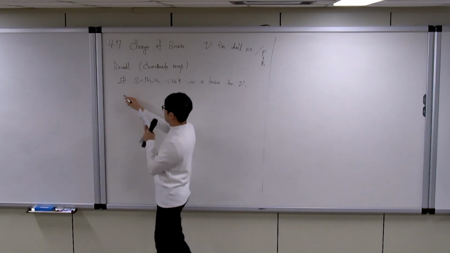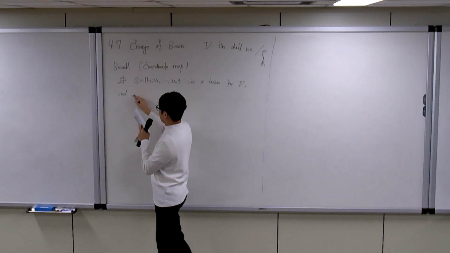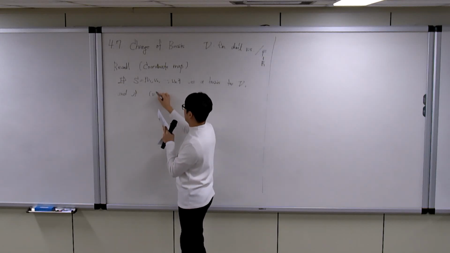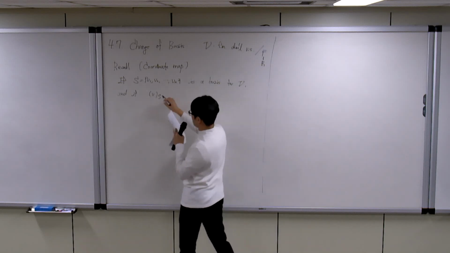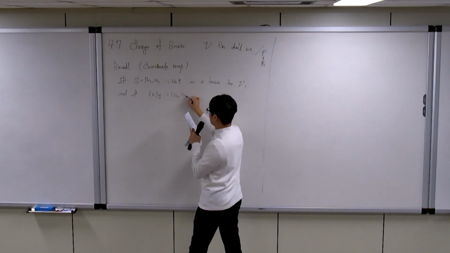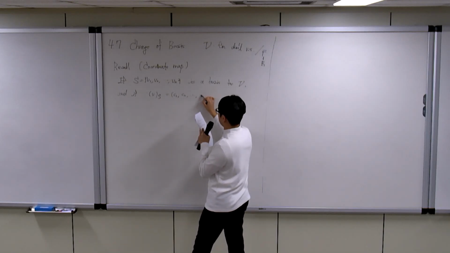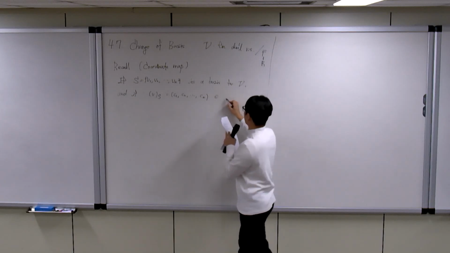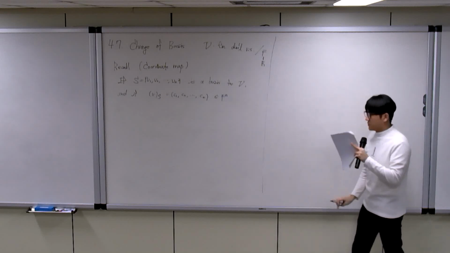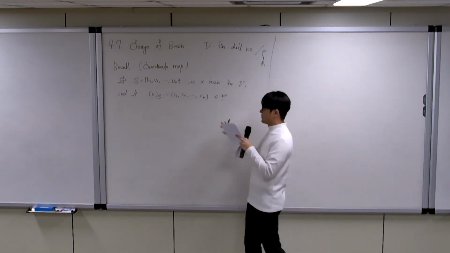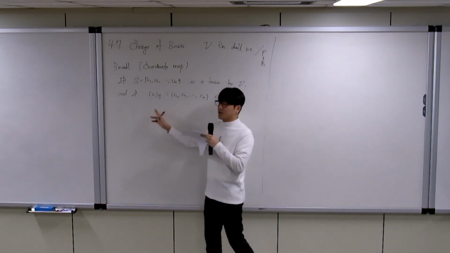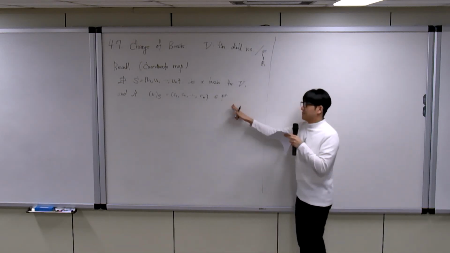And if we write a vector v in S as a tuple of the vector space F to the n, right? Then we might consider the vector is not really an element in F to the n.